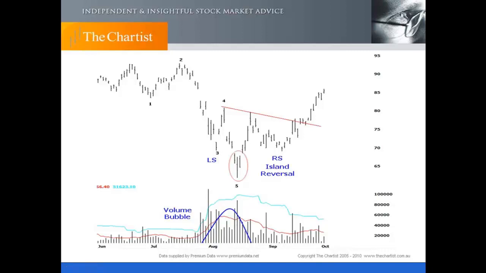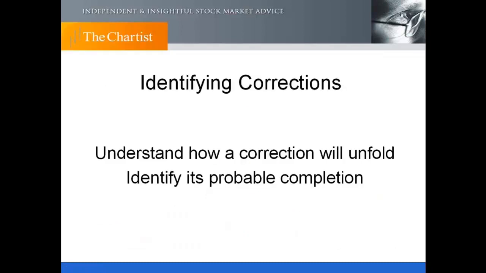Basis not just an Elliott wave. You've got the A, B, C, you've got the left shoulder, the right shoulder, you've got the island reversal backing it up, and you've also got this massive volume. So when we get confluence of all these different patterns sitting in here together, that's when you've got a great opportunity to line it all up.